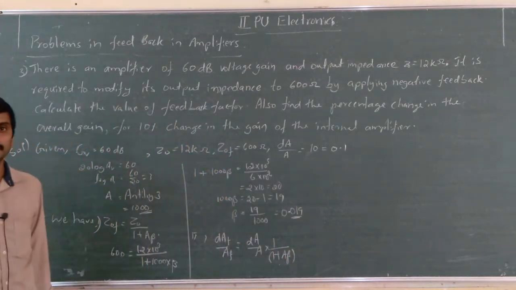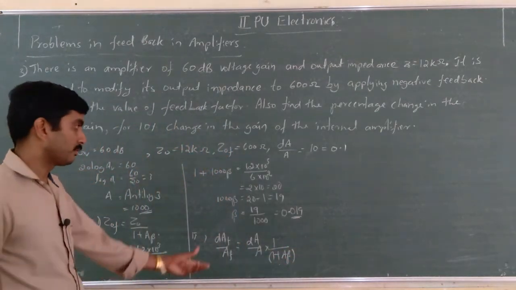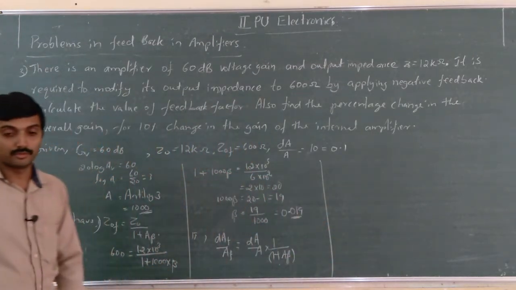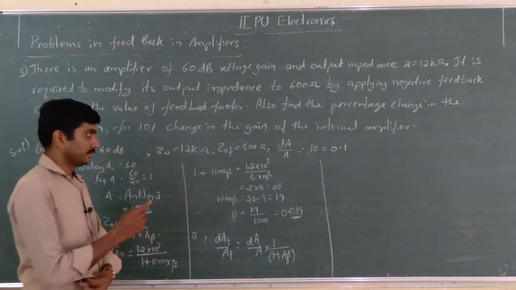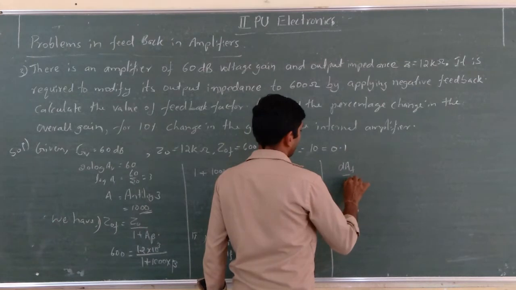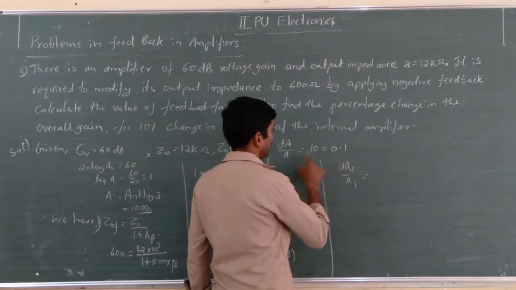This is the formula, and this formula comes in stability in voltage gain. So, dAf by Af is equal to dA by A.